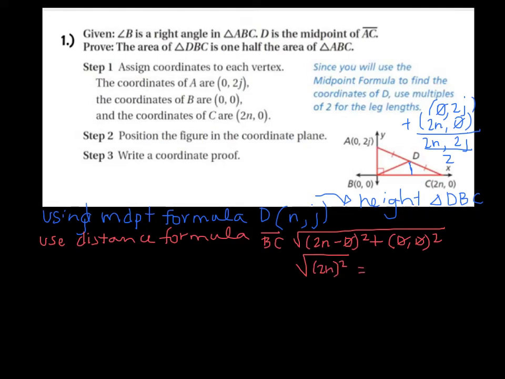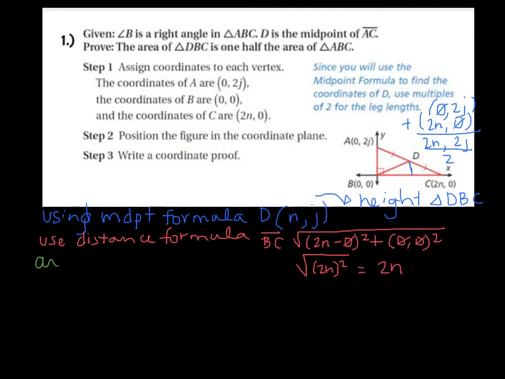And then 0 minus 0 is 0, and when you square that, you get 0. So I'm just dropping that off. To undo a square, you take the square root. So the square root of the quantity 2n squared would just be 2n. Okay, so now I know the base of that triangle, or the length, or the distance between B and C is 2n. That will allow me to find the area of the triangle.